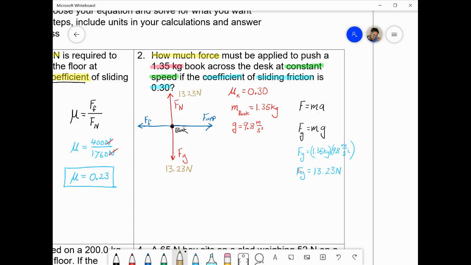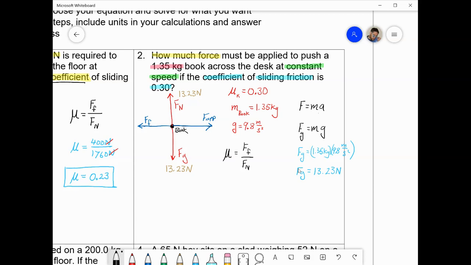Now, is this enough to be able to solve for how much force must be applied to push the book? Well, keeping in mind that my force of friction and my force applied are going to be equal to each other, the answer is yes. And I'm going to use this equation, which is the equation of the coefficient of friction is equal to the force of friction divided by the force that is normal.